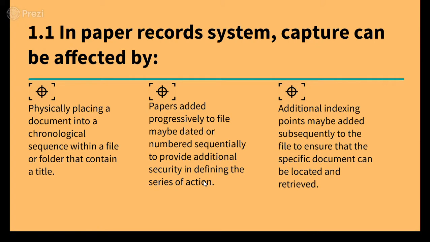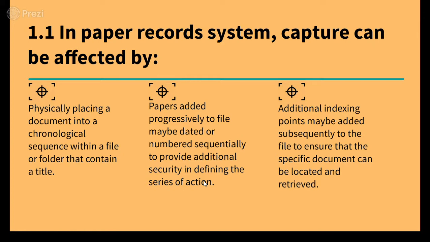In a paper record system, capture can be affected by three main causes. The first one, physically placing a document into a chronological sequence within a file or folder that contains a title.